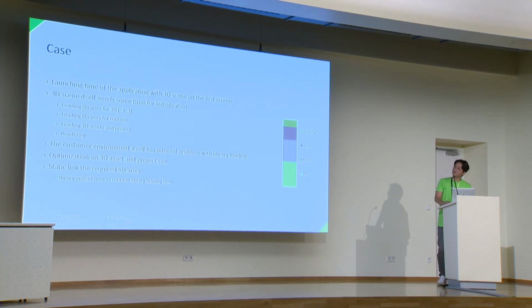At that point, we identified these four parts needed for actually loading 3D scenes. First, loading libraries for 3D. Second, the libraries for 3D runtime. Third, the actual 3D asset loading. And the time to render the actual 3D scenes. The parts that we can work on were mainly these two.